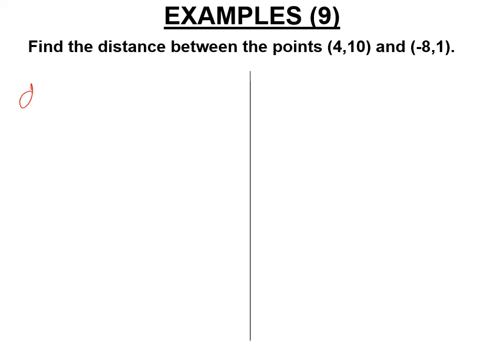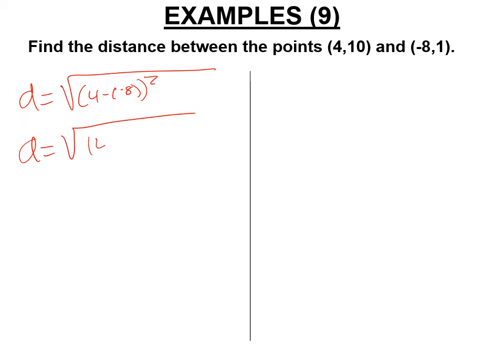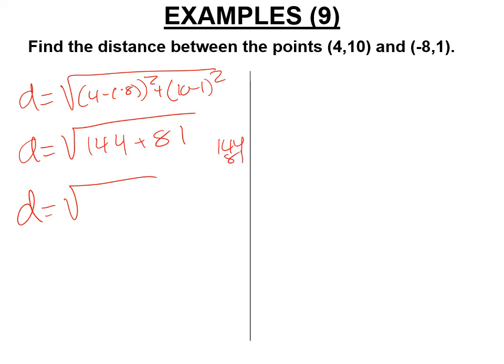All right, so we're doing d equals the square root of 4 minus negative 8 squared. D equals 4 minus negative is 12. 12 squared is 144. I'll do a little less writing here. And then subtract the y's. 10 minus 1 squared is 9. 9 squared is 81. All right. 144 plus 81 is 225.